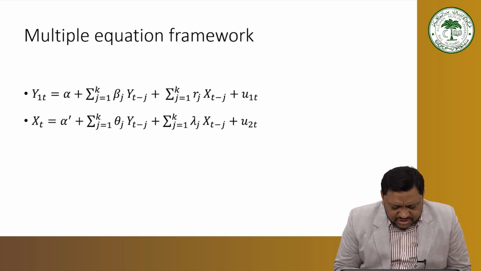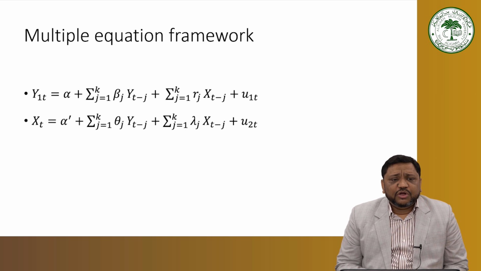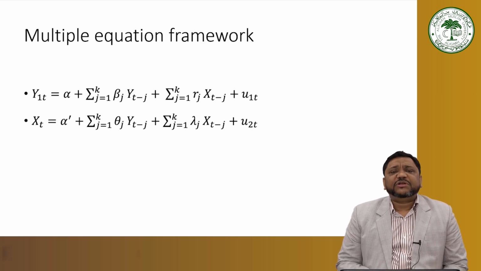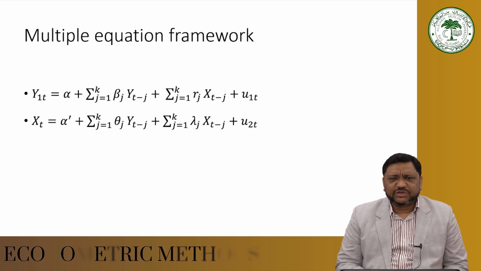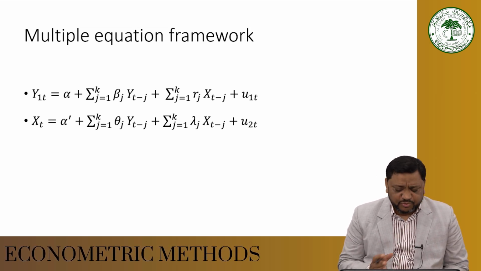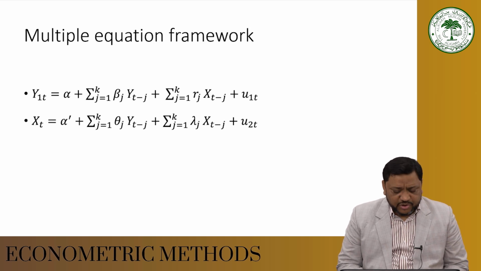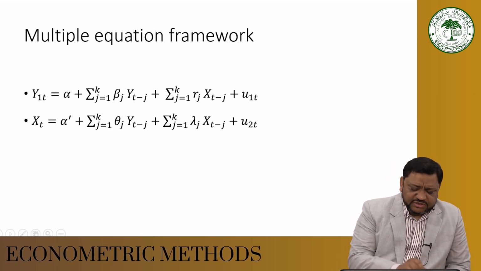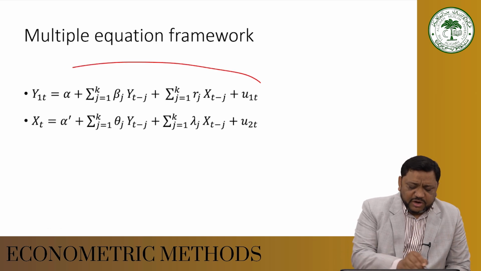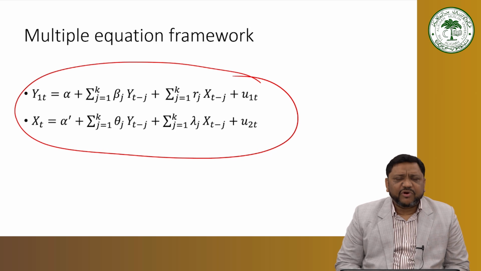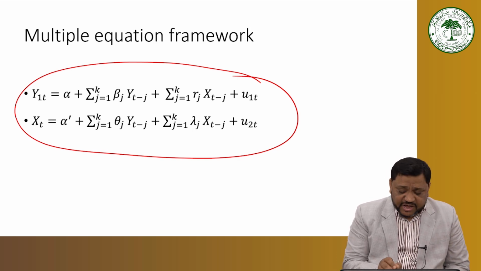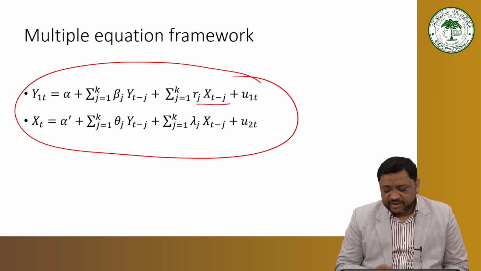Basically, Engel-Granger was a single equation framework. Now, we move on to the multiple equation framework. This was the reason why we studied VAR before moving on to Johansen Cointegration. The model in front of you is nothing but the same VAR model, where y1t is a function of past values of y and also past values of x plus the error term.